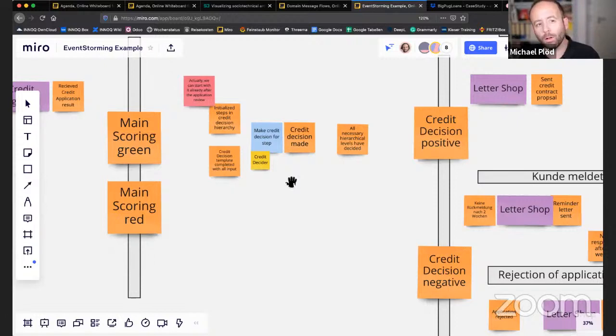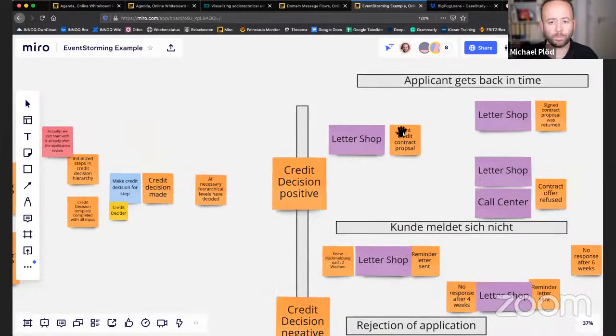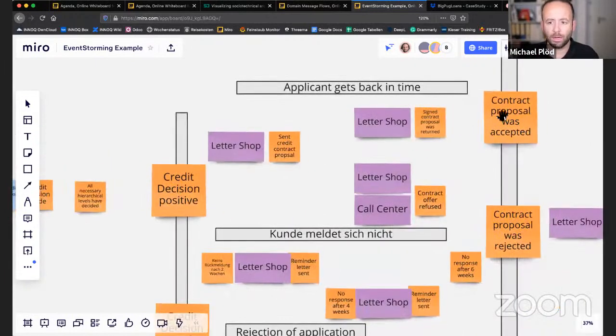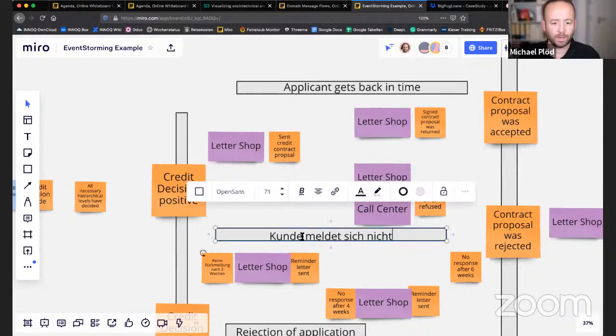When all decisions were positive, we offer the applicants a contract. We send a contract proposal to the applicants, and when they get back to us in time with a signed contract, we have an accepted contract proposal. So we have a contract, basically. Maybe the applicant doesn't get back in time.